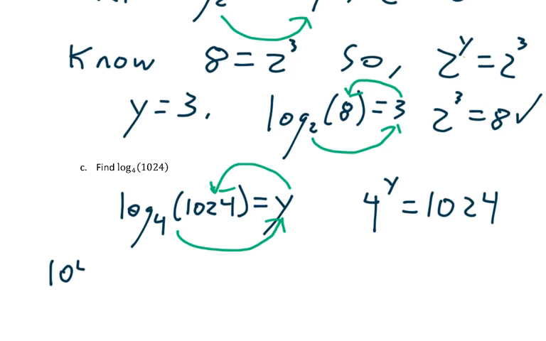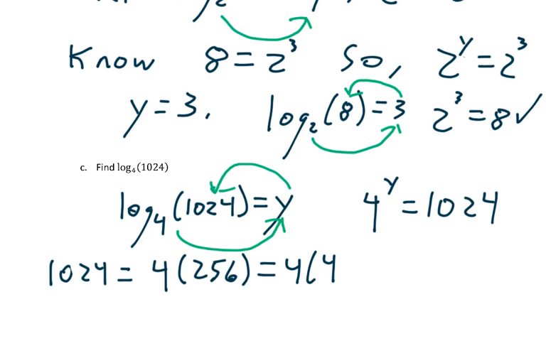Now 1024, you can actually write as 4 times 256, which is 4 times 4 times 64, and that's equal to 16 times 64.